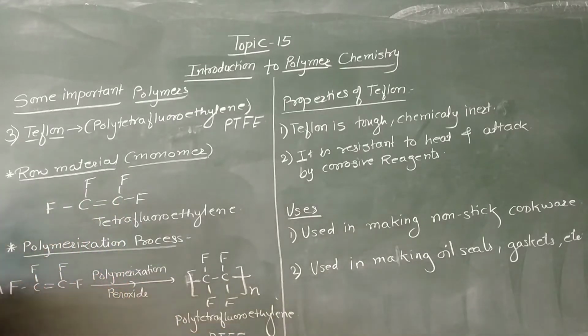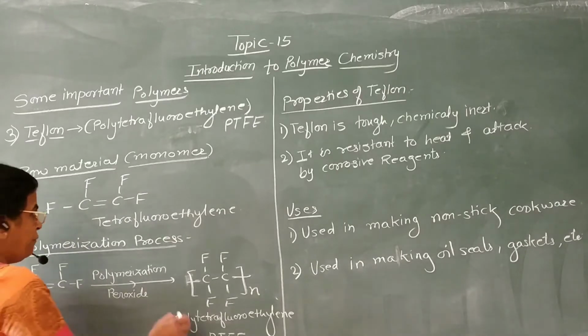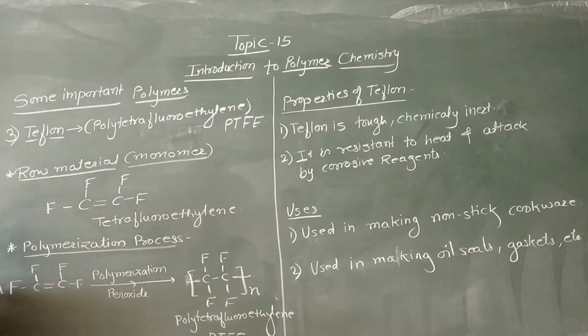This is the polymer, also named Teflon. That is, when tetrafluoroethylene undergoes polymerization in presence of peroxide, formation of Teflon takes place. This reaction is a free radical addition polymerization.